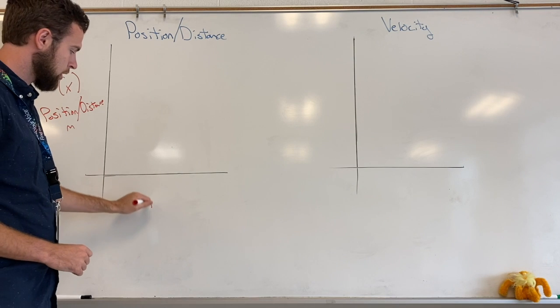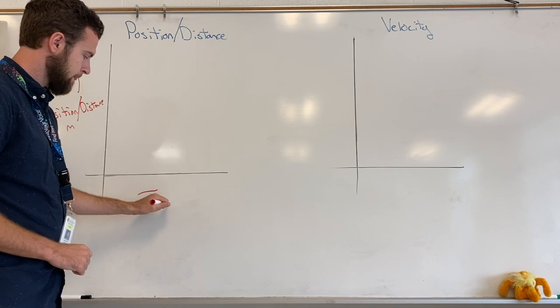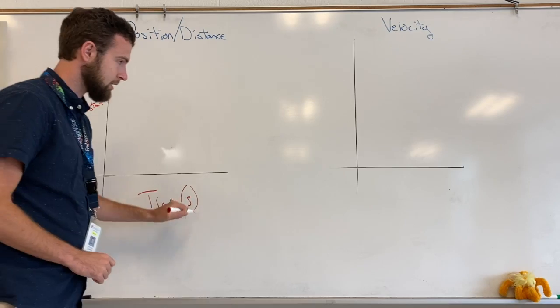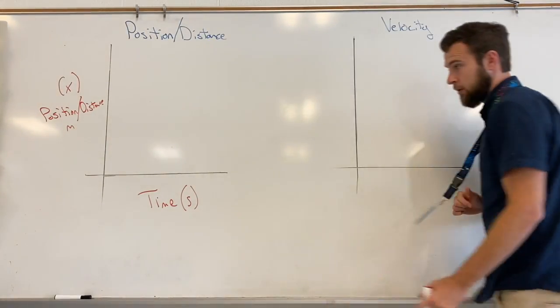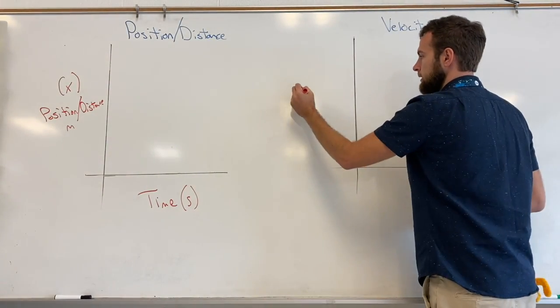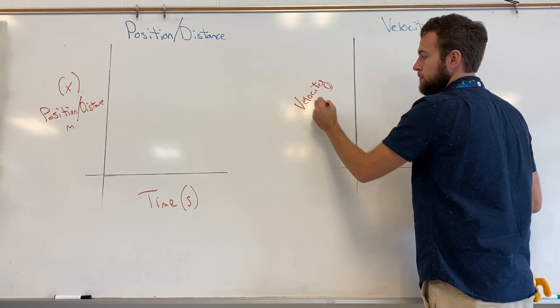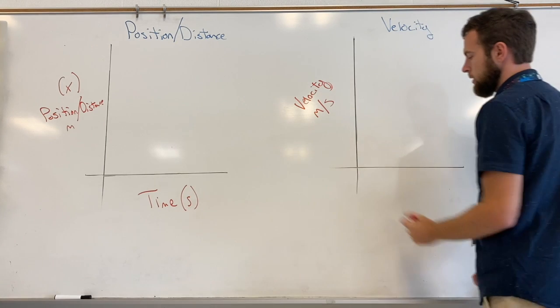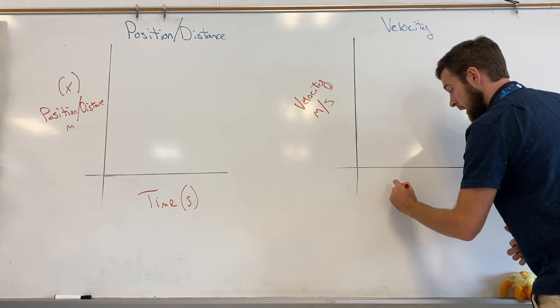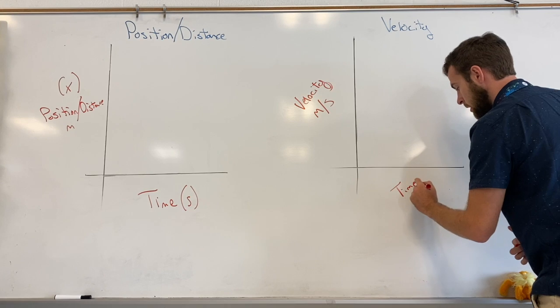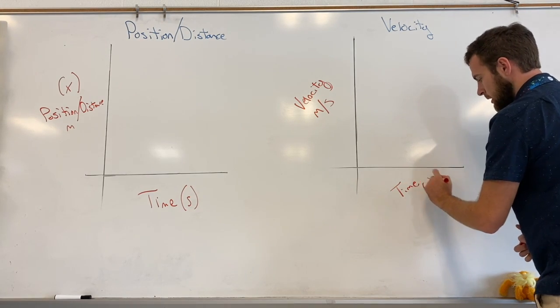And on the bottom, we'll go with time, typically in seconds. On our velocity time graph, very similar: velocity, typically in meters per second, a distance over time, and then time again on the bottom, again in seconds.